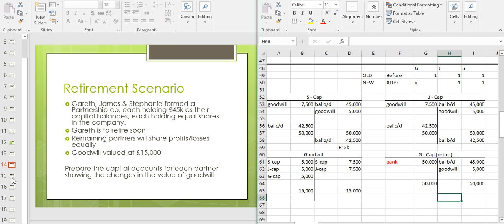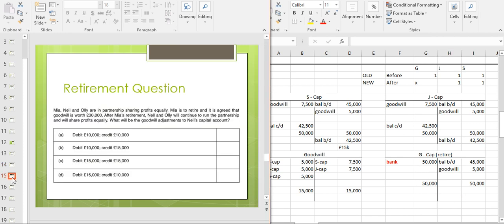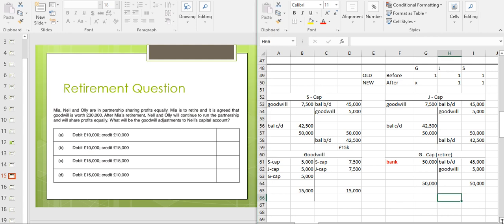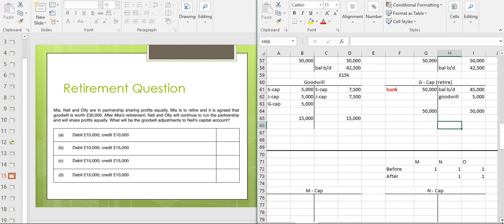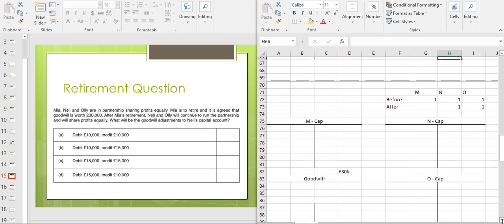Okay, let's have a look at another question. So we have a tick box question here. Let me just quickly have a look and see if I've done the full T accounts or not. Okay, I think I have done.